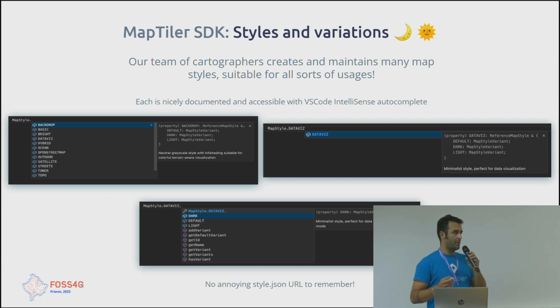So there's fewer labels, fewer lines, less detail, but there's hill shading. That's one of the things we use for weather layers that I'm going to show later. So basically, every time you select a style, there might be variations such as dark, light, or default. So yeah, in the end, there's quite a lot of them.